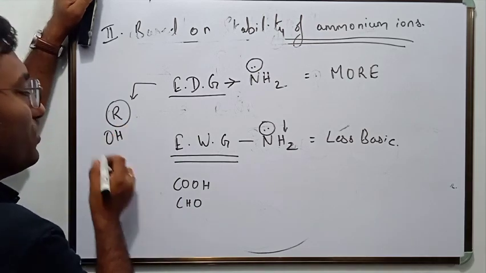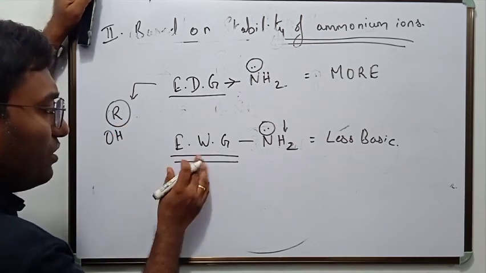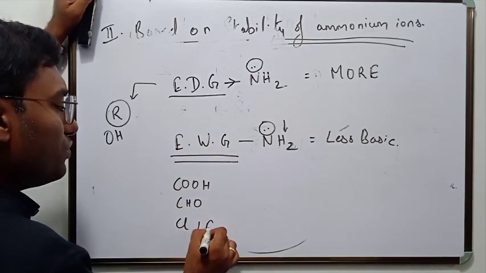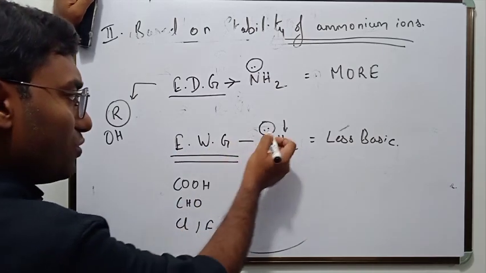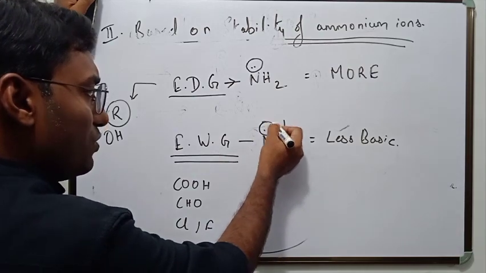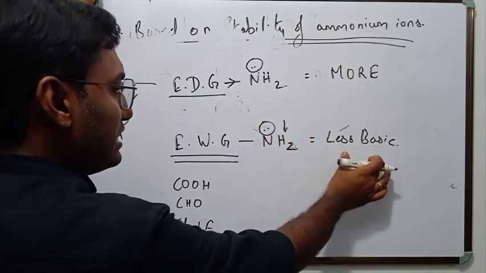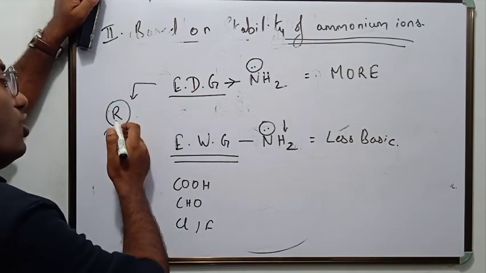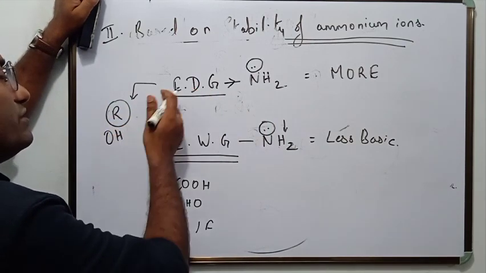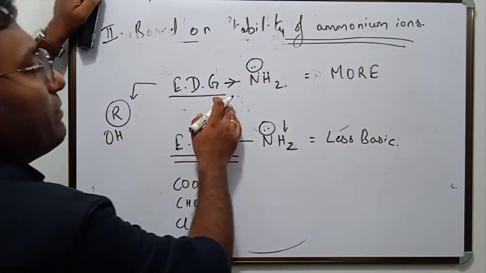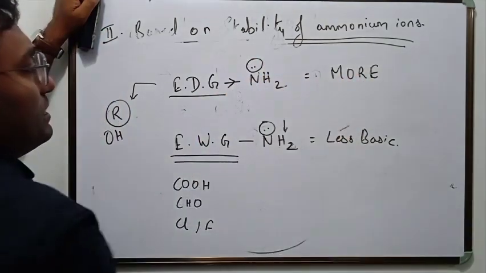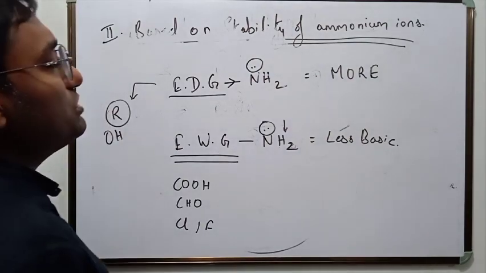Whenever an electron withdrawing group such as chlorine or fluorine is present, it withdraws electrons, which decreases the availability of the lone pair, making the amine less basic. And if an electron donating group like an alkyl group or an OH group is present here, it would increase the availability of electrons, and that would make it more basic. So that is the effect of substituents on the basicity of amines.